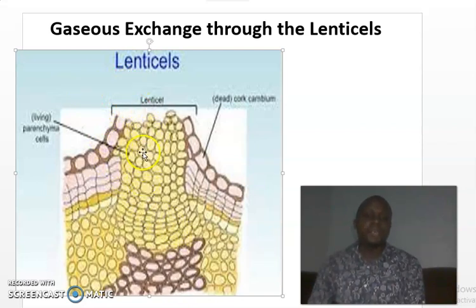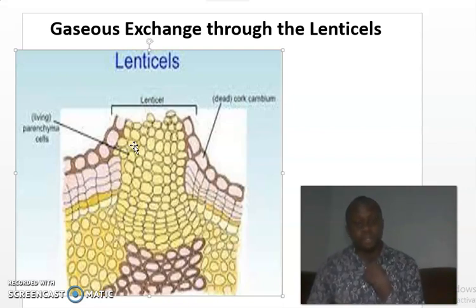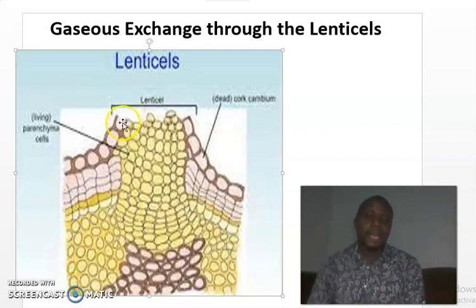Upon reaching the loosely packed cells, the carbon dioxide dissolves into solution, and moves into the cytoplasm of the cells by diffusion. This is because there is higher concentration of carbon dioxide outside than inside the cells.